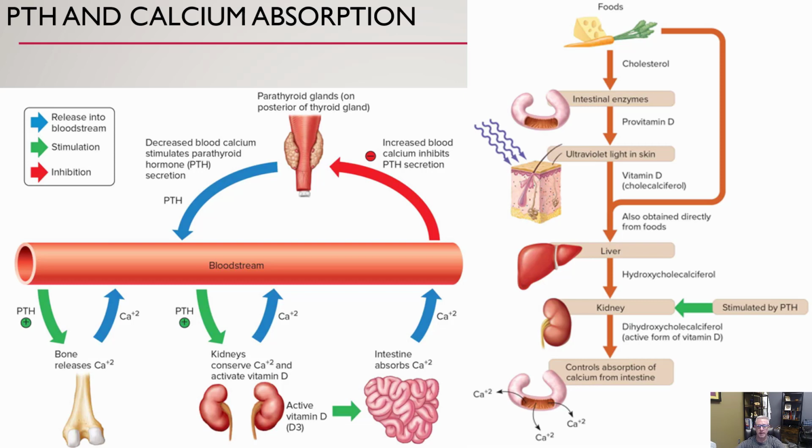Increased blood calcium inhibits PTH secretion. So the primary control for the secretion of PTH is blood calcium levels.